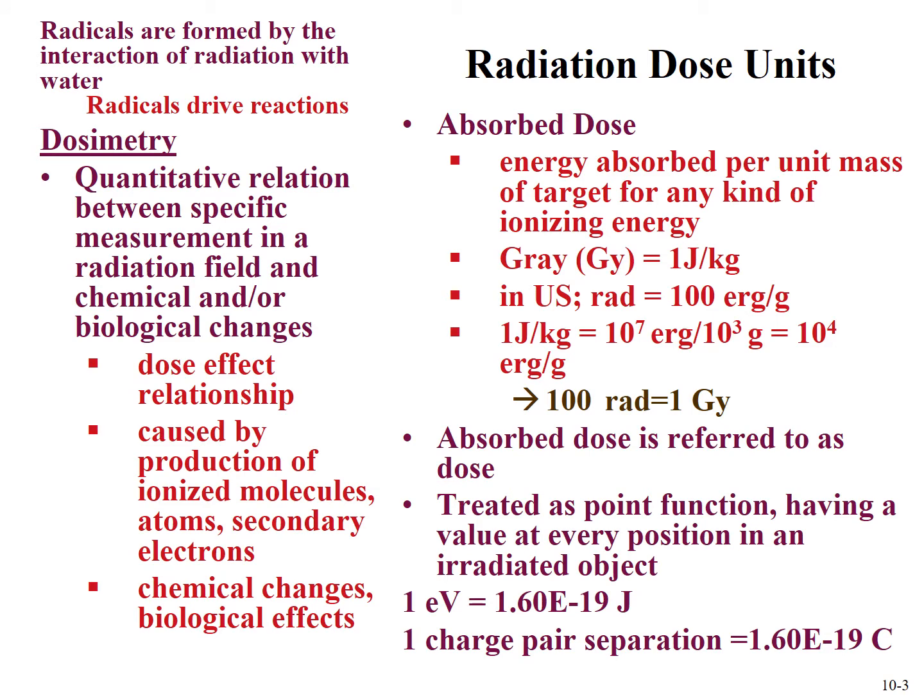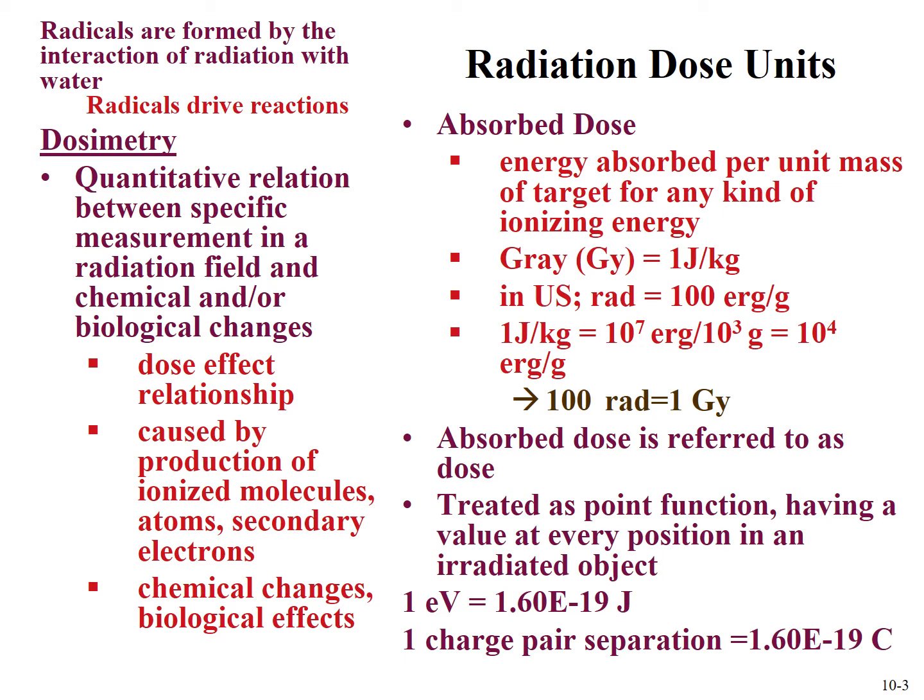One effect of all these interactions of radiation with matter, when it comes to radiation safety, is to try to quantify the influence of a certain radiation field on radiolysis and eventually health concerns. This is the area of dosimetry, where you try to get a relationship between a measurement in a radiation field and a chemical or biological change.